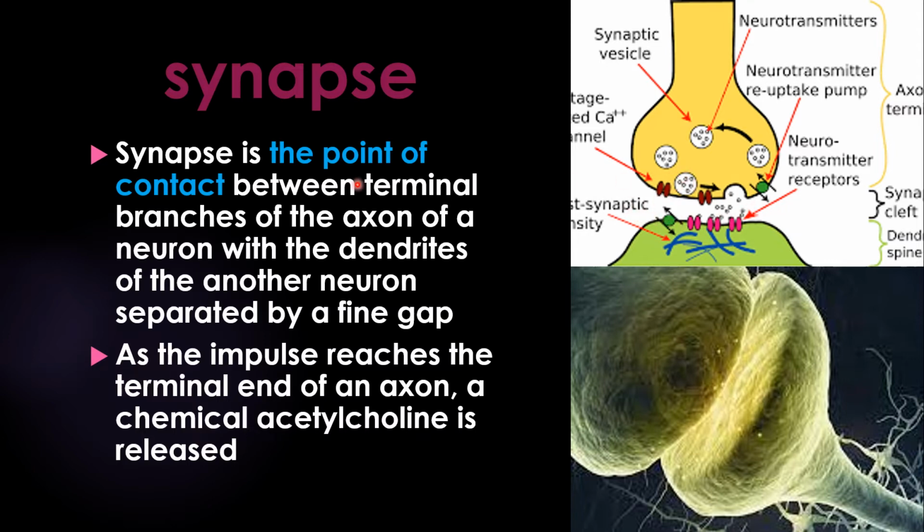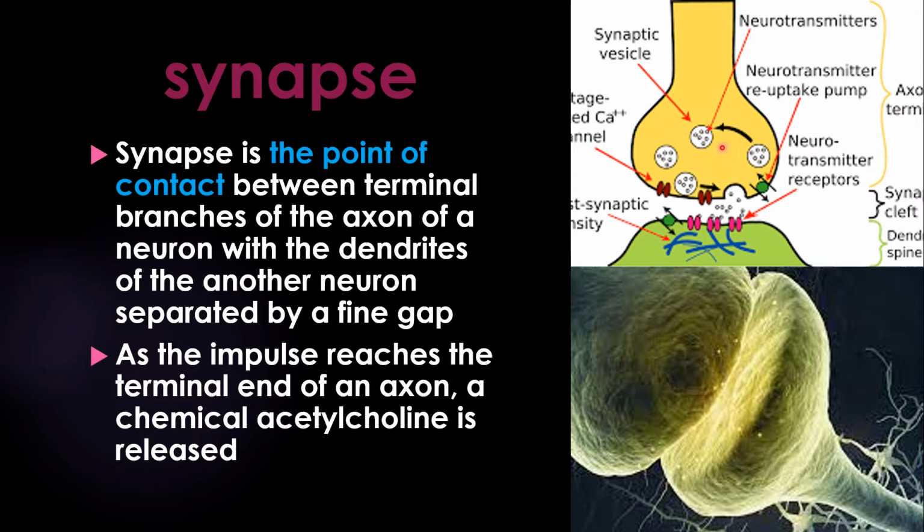That point of contact between terminal branches of the axon of a neuron with the dendrites of another neuron is called synapse. That point of contact is very important. As the impulse reaches the terminal end of the axon, we already learned that neurotransmitters are chemicals present in the axon endings.